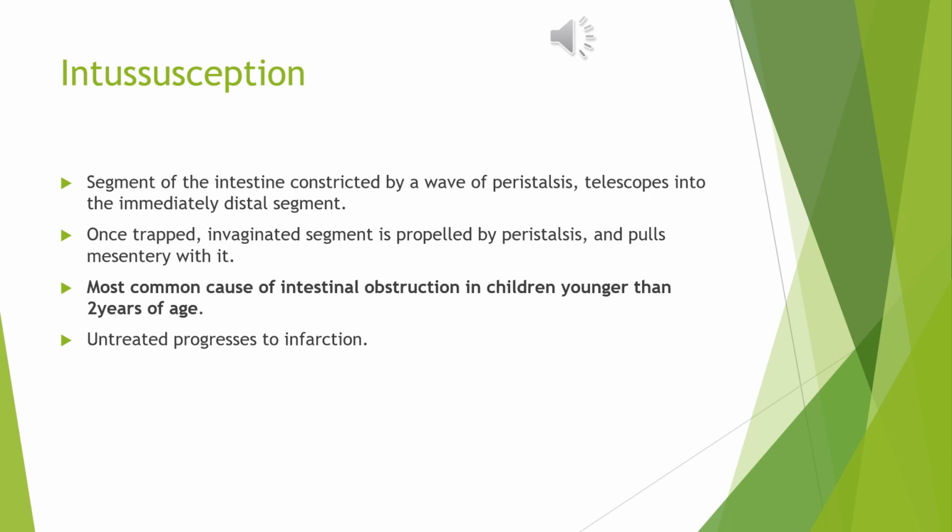So a constricted segment enters or telescopes into a wider distally located segment, and with each peristaltic contraction the proximal segment enters more within the wider distally located segment and is propelled by these peristaltic contractions, pulling with it the mesentery surrounding the bowel. If left untreated, the intussusception will progress to infarction.